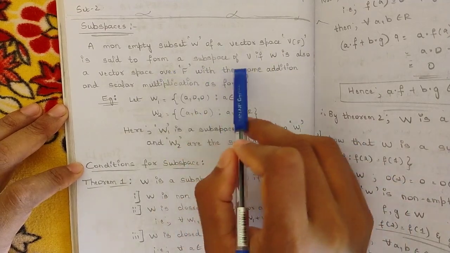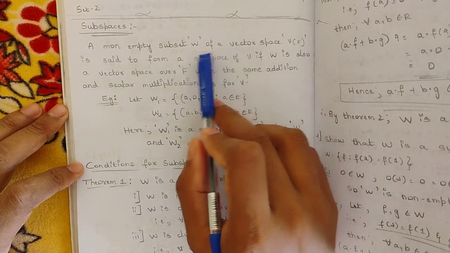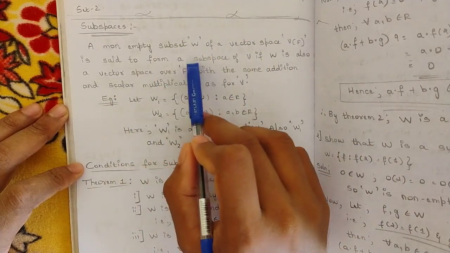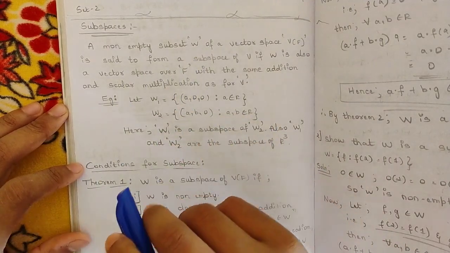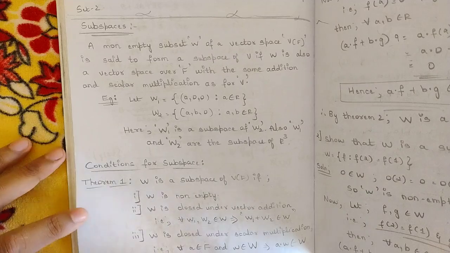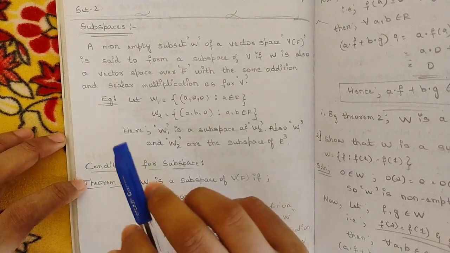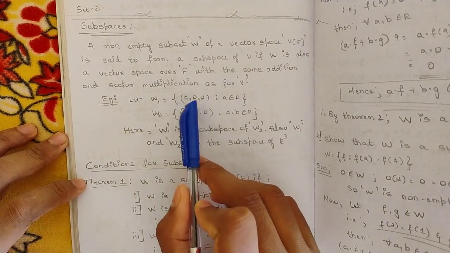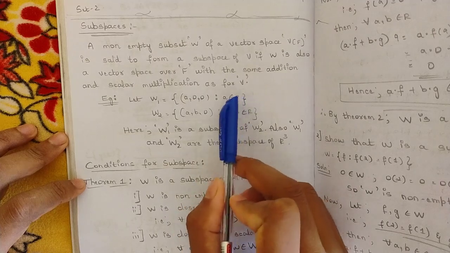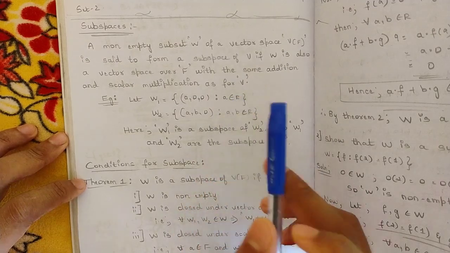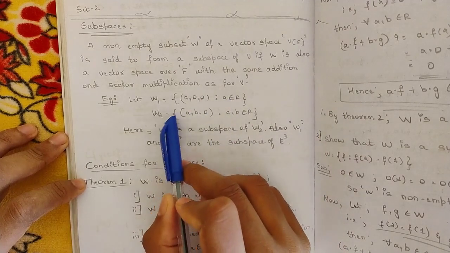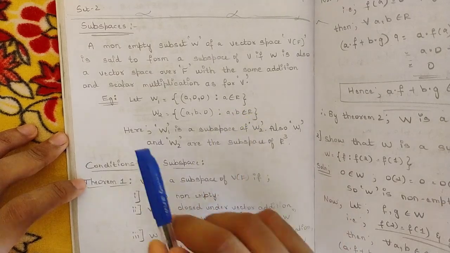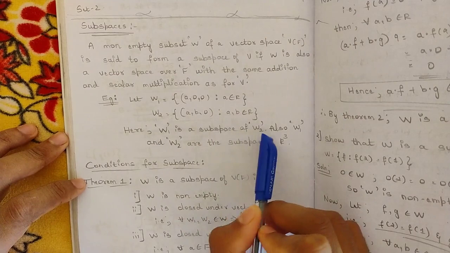What it means is that W should be a subspace of V if and only if it follows the vector space operations such as addition and scalar multiplication in V. An example: let W1 be the set of (a, 0, 0) where a belongs to R, the set of real numbers, and W2 the set of (a, b, 0) for a and b belonging to R. Then W1 is a subspace of W2.